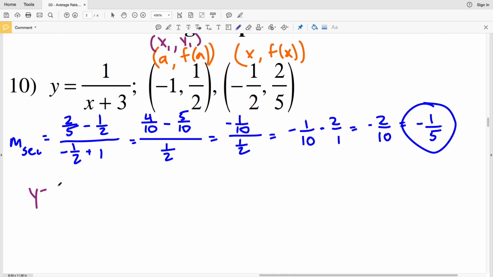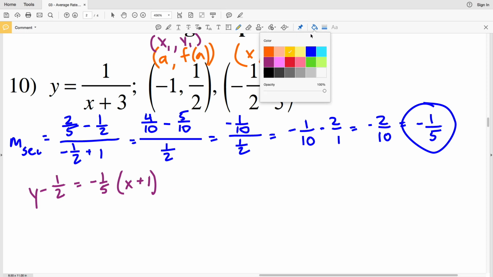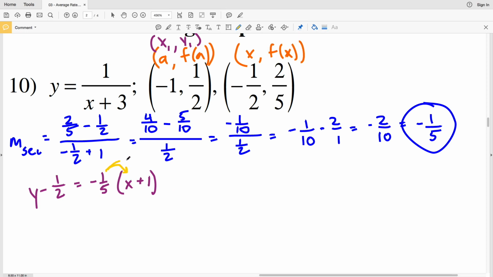So y minus y1 will be y minus 1/2, and that's going to equal our slope of negative 1/5 times x minus x1, which is x minus negative 1, or x plus 1. So in order to solve, I'm going to need to distribute this negative 1/5. So y minus 1/2 equals negative 1/5 x plus negative 1/5, or minus 1/5.